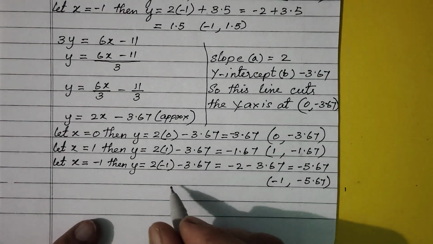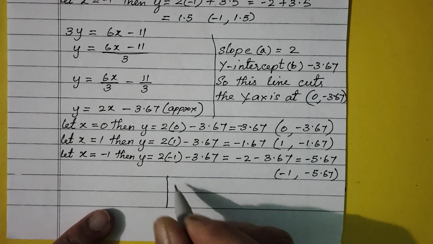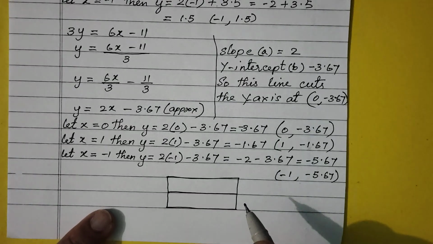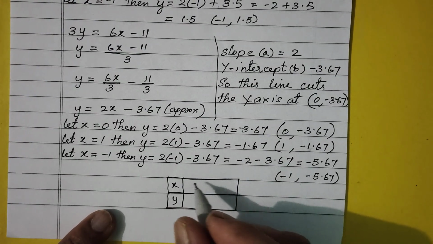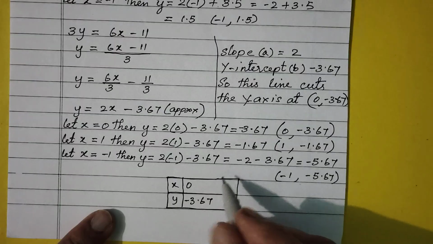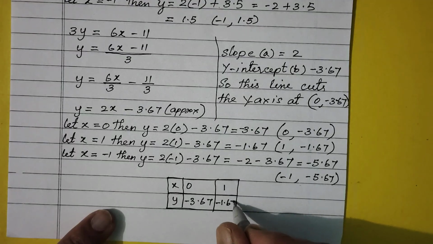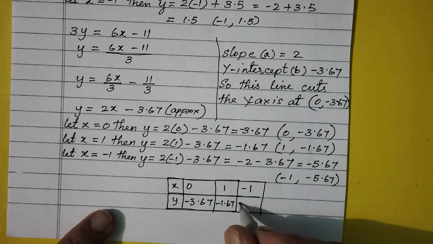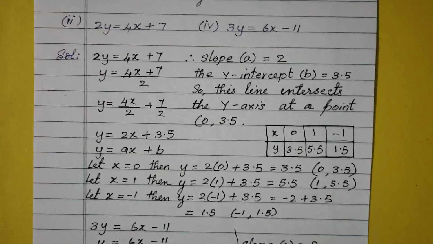So we'll put it in the box. X, y: 0, minus 3.67; 1, minus 1.67; minus 1, minus 5.67. Now we will plot the graphs.